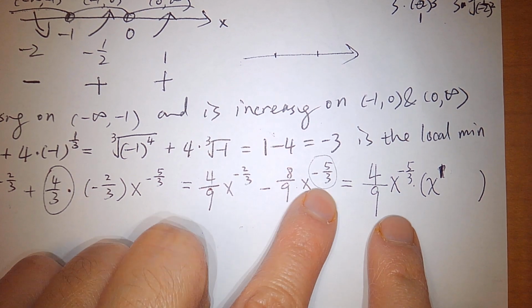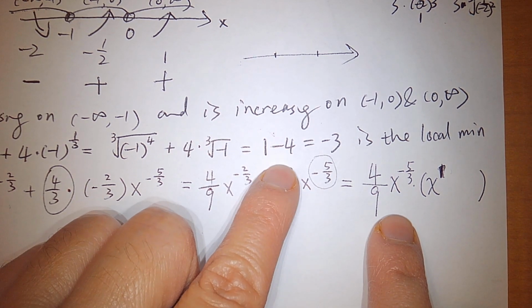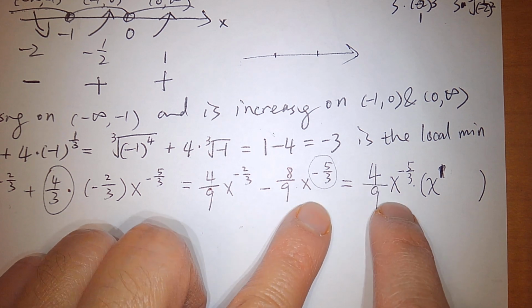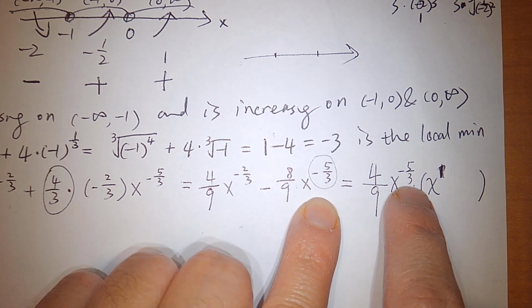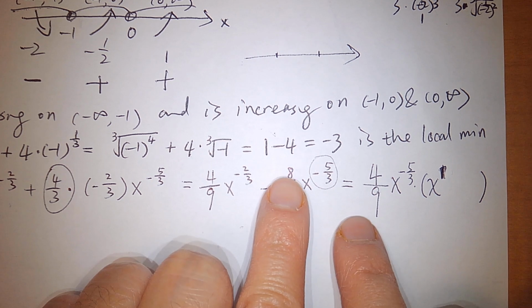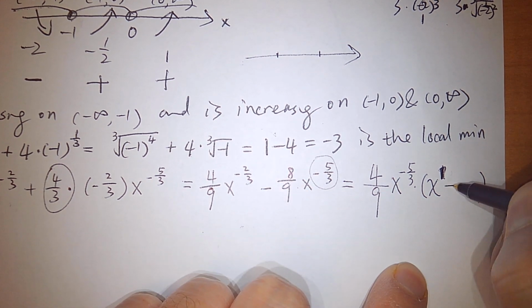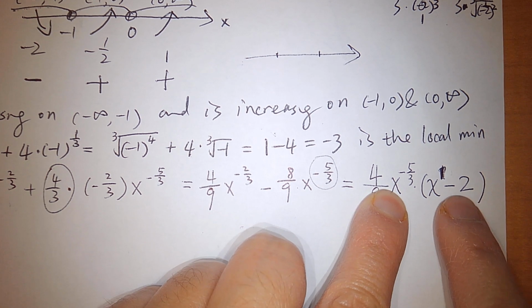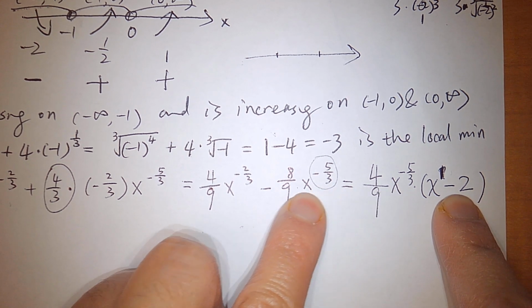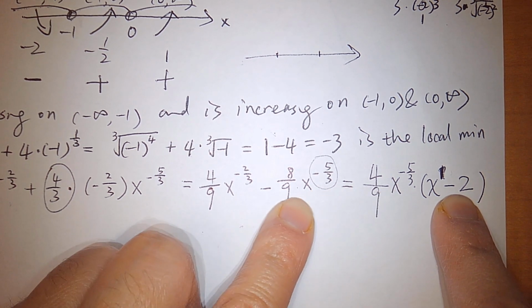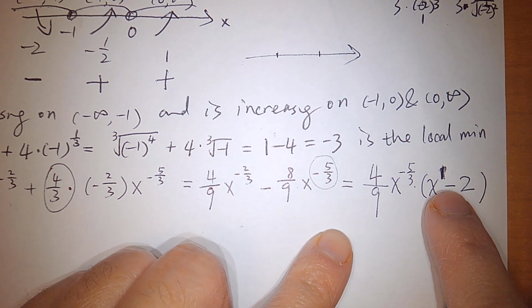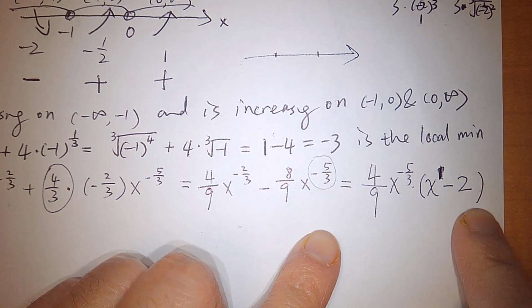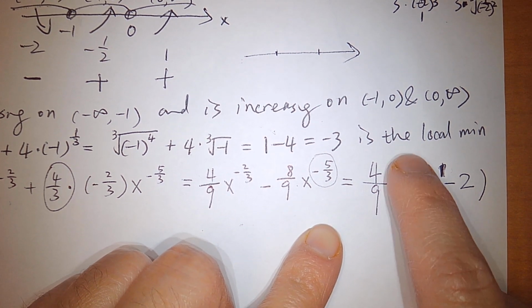Now from this term, we factor out the 4 over 9 x to the negative 5 over 3, so we don't have to worry about the x. However, we have to pay attention to that: this times by negative 2 gave us this. You guys see what's going on? Now we're having a very neat conclusion. This is negative 5 over 3.